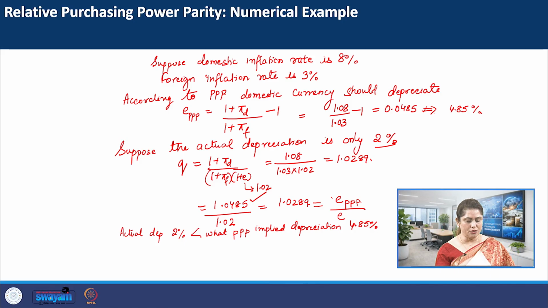From the value of Q, we can say that the domestic currency is overvalued.